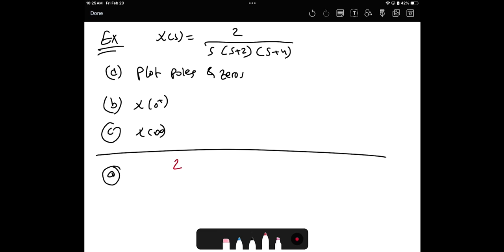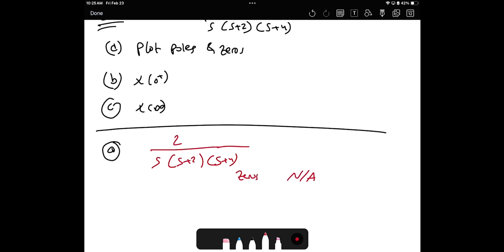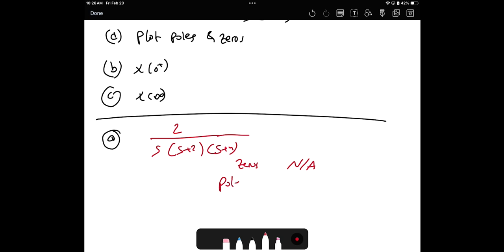This is again X of s, which is 2 over s, s plus 2, s plus 4. Are there any zeros for the numerator? No zeros. So zeros: not applicable. Poles: what are the roots of the denominator?